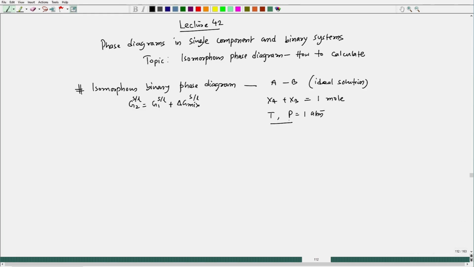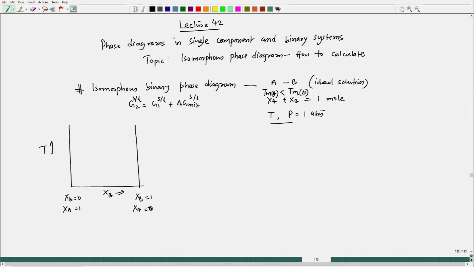So that is the condition we are getting, and of course, the melting points are TMB and TMA, and TMB is greater than TMA. That is the condition we have chosen, and the diagram we are choosing is basically, if this is my XB, XB equal to 1, XB equal to 0, and of course, Xa equal to 1, Xa equal to 0, two extreme points.